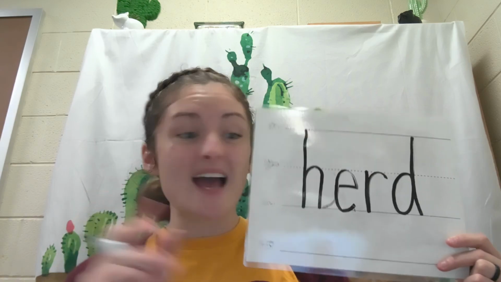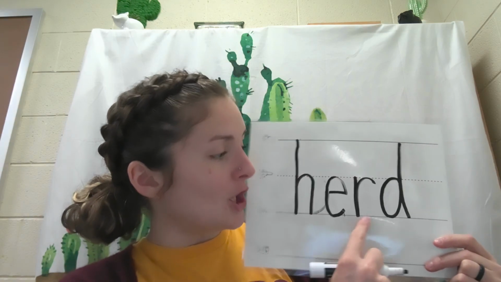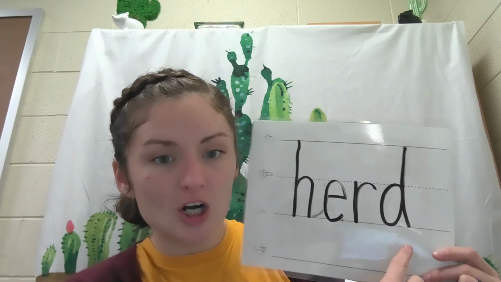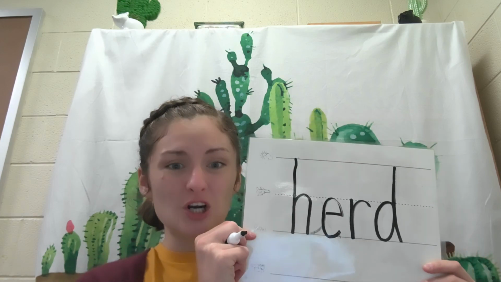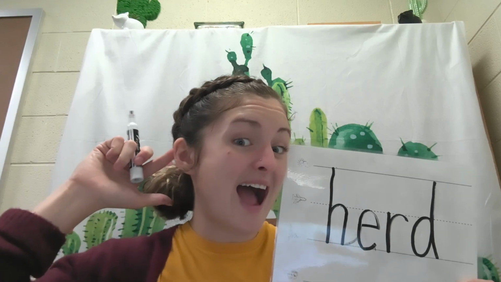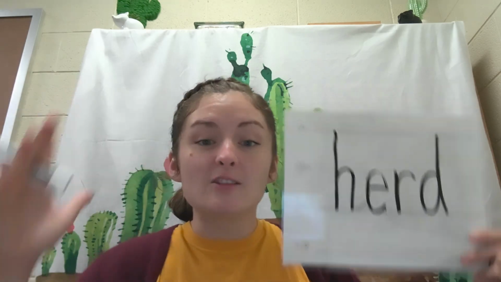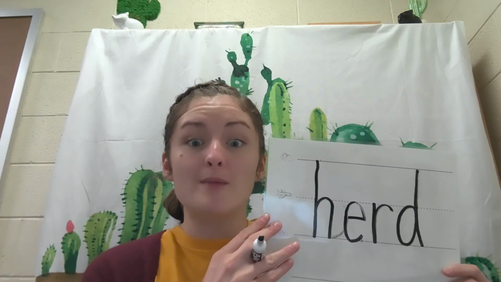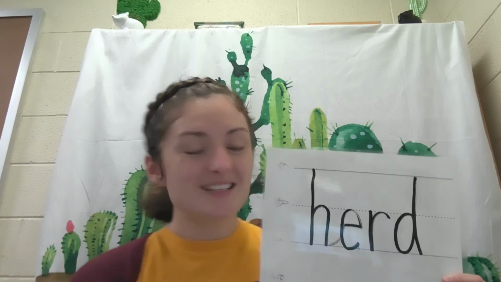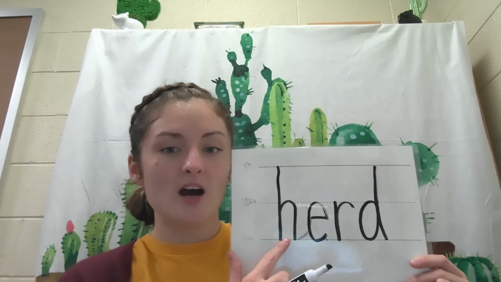So we would read this as heard. So this heard is not "I hear something" in the past. It's a herd, or a large group of something. So maybe a herd of cows or a herd of goats. So herd means a large group. Okay, so heard. Great job, second grade Smarties.